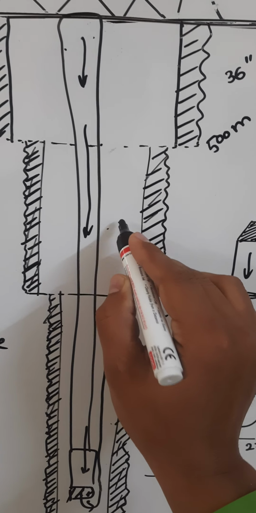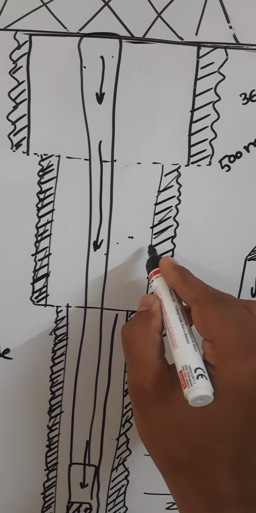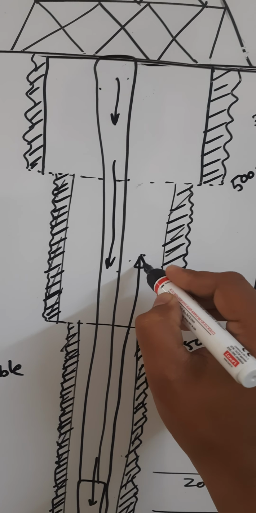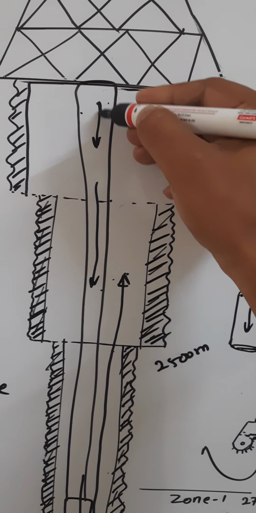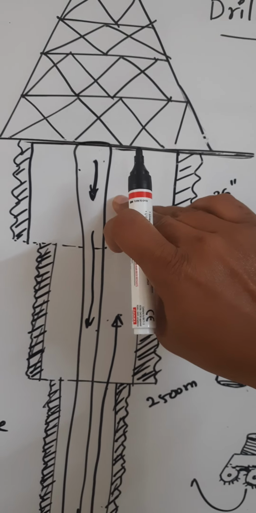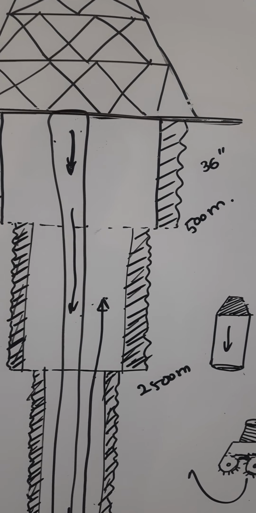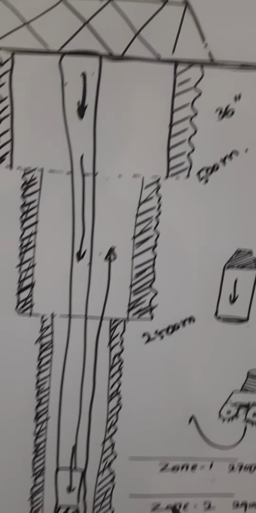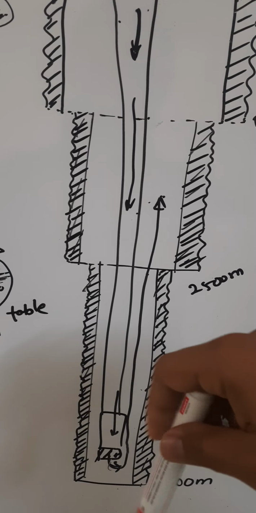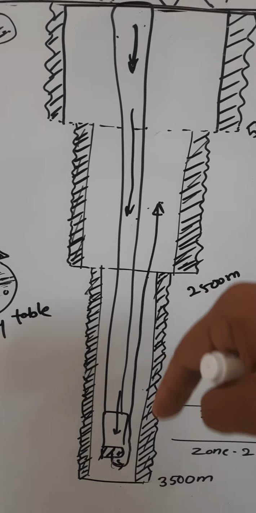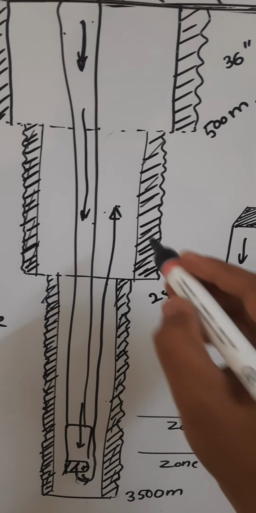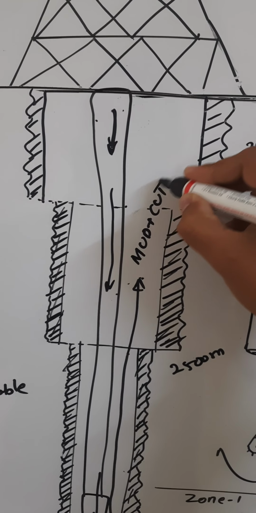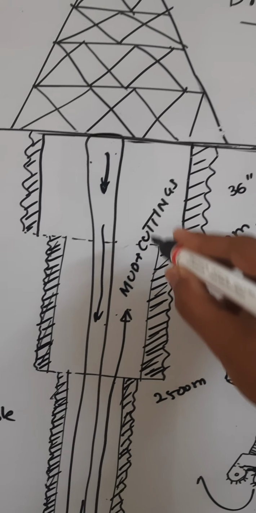This volume is called the annulus: the space between the pipe and the casing is called the annulus, and then the mud comes up through the annulus. When this mud comes from inside the pipe, it is pure mud, but when it is coming from the bottom, from the bit, then whatever cutting the drill bit has generated will come with this mud, mud plus cuttings.